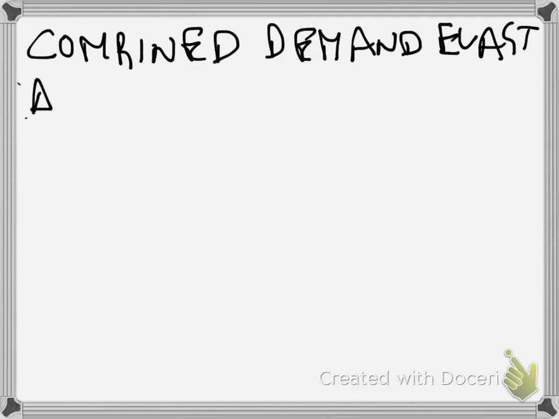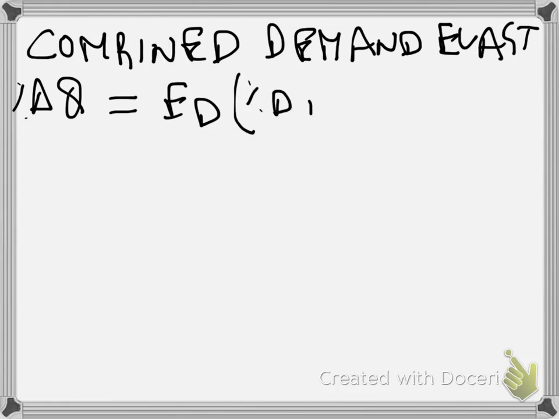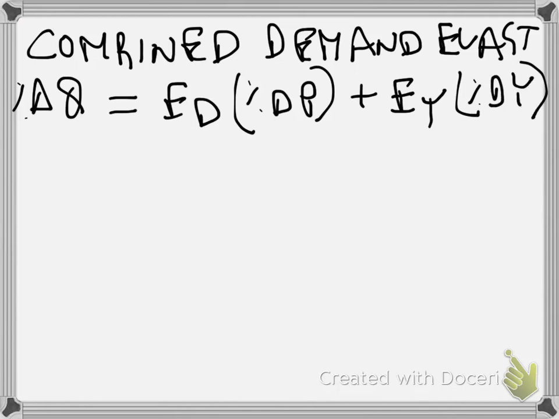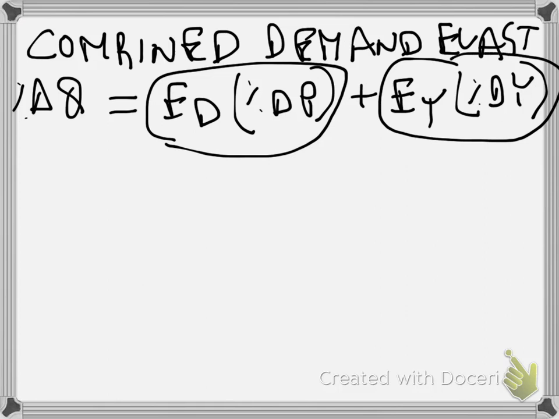Economic theory argues that the percentage change in quantity is going to be a weighted average of the price elasticity of demand times the change in price plus the income elasticity of demand times the change in income. So our total change in quantity demanded is a weighted average of the price elasticity of demand and income elasticity of demand. So this is very important.